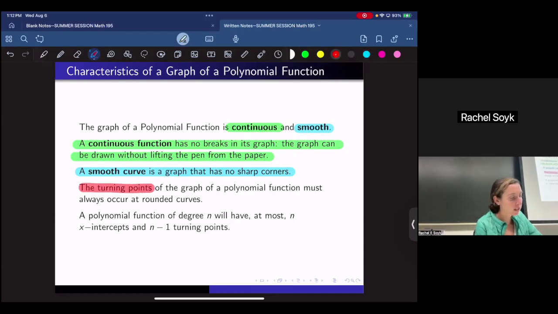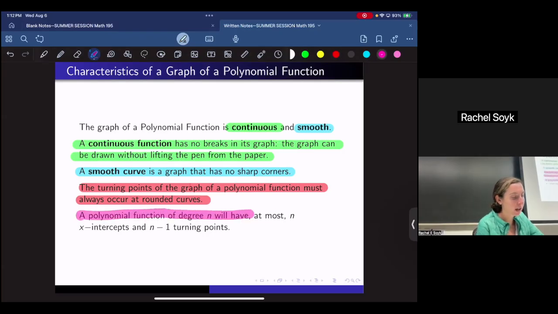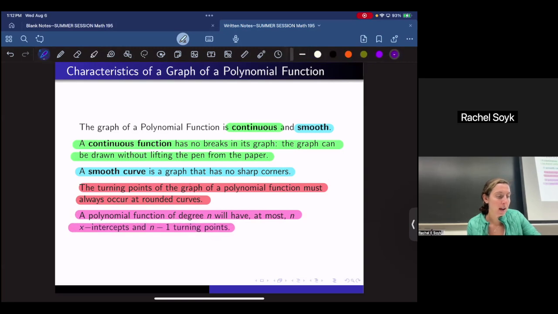The turning points of the graph of a polynomial function must always occur at rounded curves, so no cusps. And then finally, a polynomial function of degree n will have at most n x-intercepts and n minus 1 turning points.